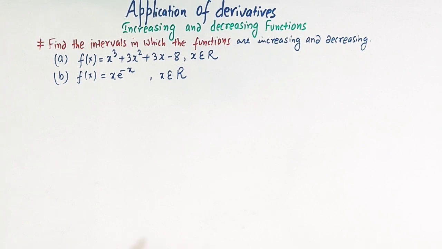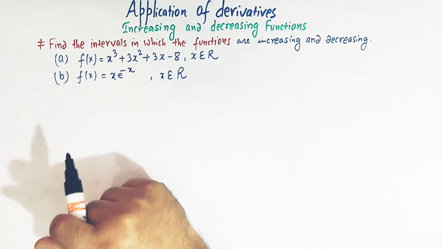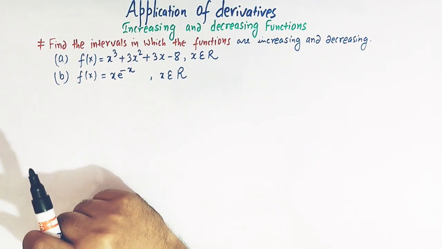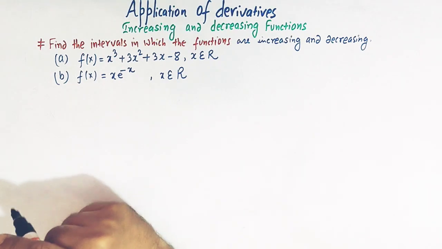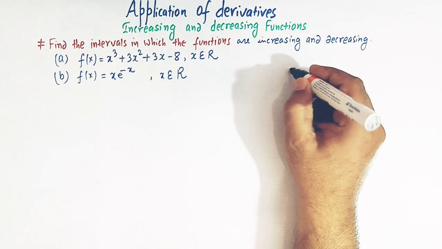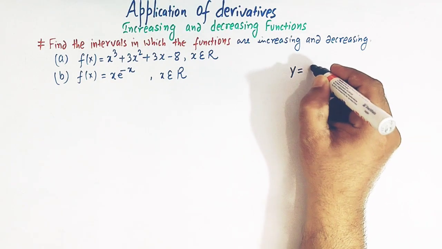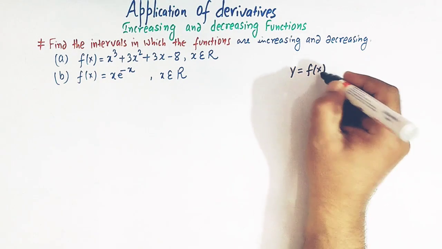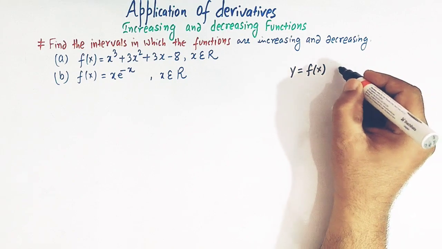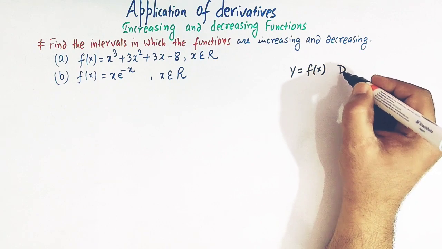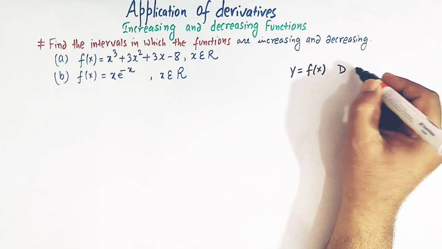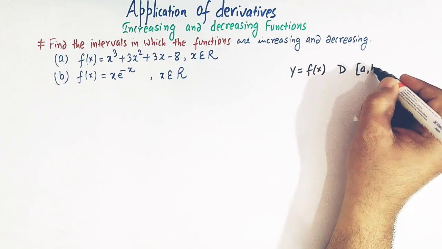Before solving these two problems, let us quickly see the conditions for a function to be increasing and decreasing. Suppose we have a function, say y is equal to f of x, which is defined in some domain D, and let this domain D be the set a to b.